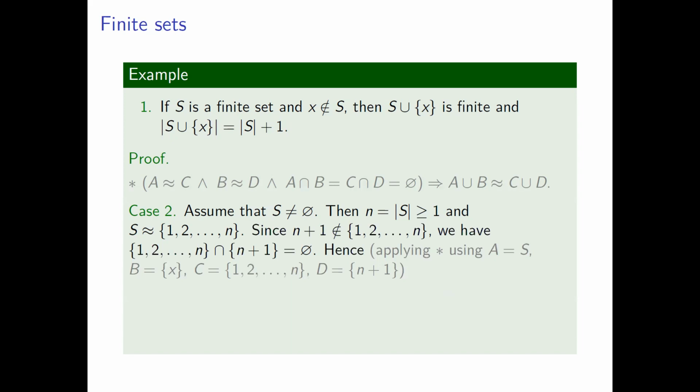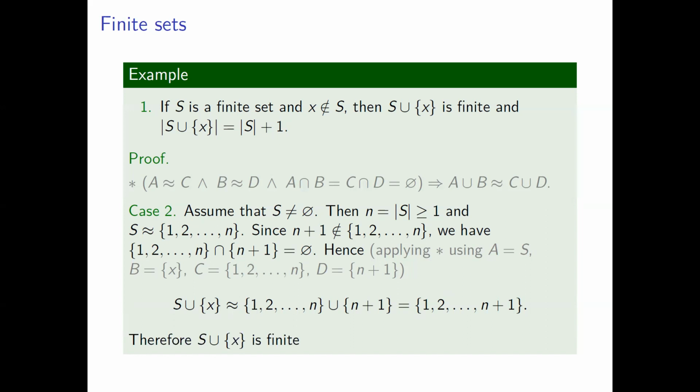Hence, applying the result mentioned above using the sets A equal to S, B equal to the singleton with element x, C equal to the set of integers from 1 to n, and D equal to the singleton with element the integer n plus 1, we conclude that S union the singleton with element x is numerically equivalent to the union of the set of integers from 1 to n and the singleton with element the integer n plus 1, which is equal to the set of integers from 1 to n plus 1.